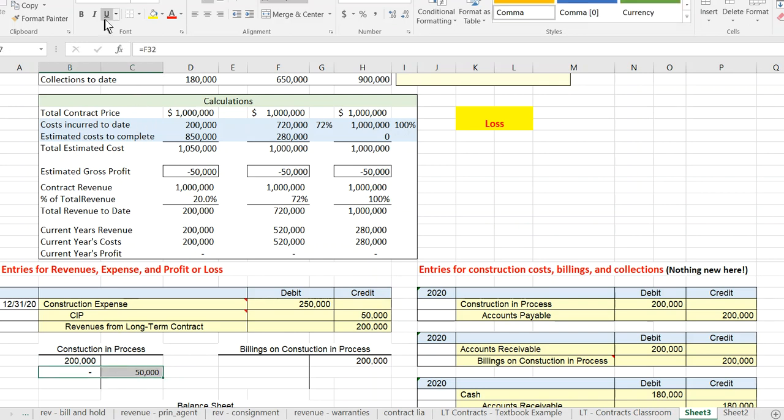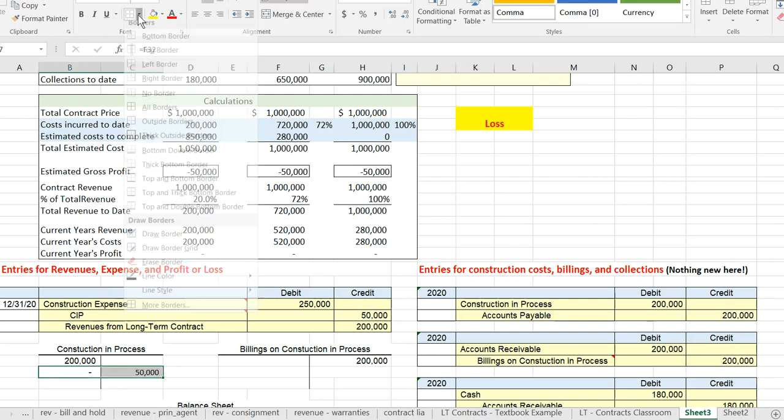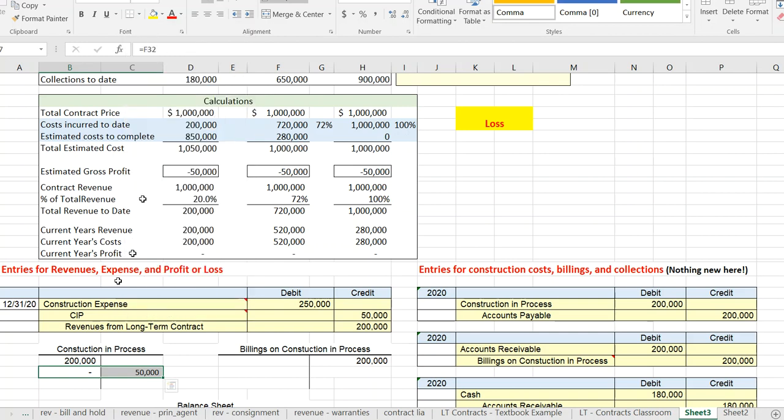So at the end of that first year, we will only report a construction asset of $150,000, because as we continue to incur cost on our project, and at this point in time we expect to incur an additional $850,000 in costs. Well, 850 plus the 150 gives us our contract revenues of $1 million.